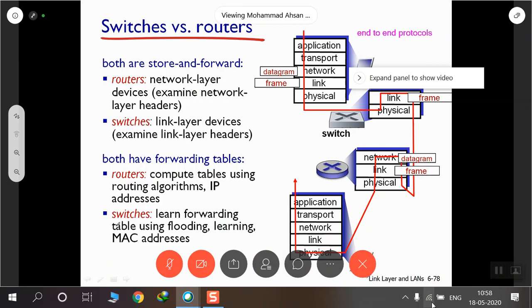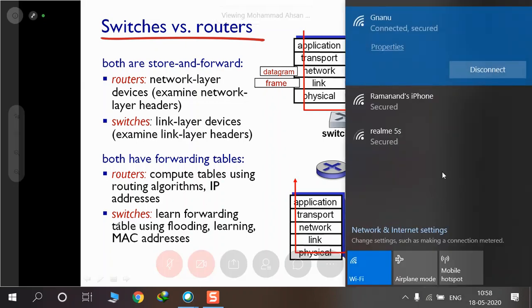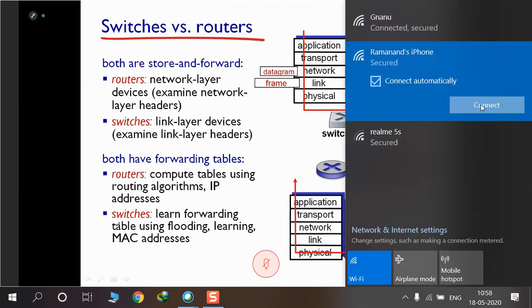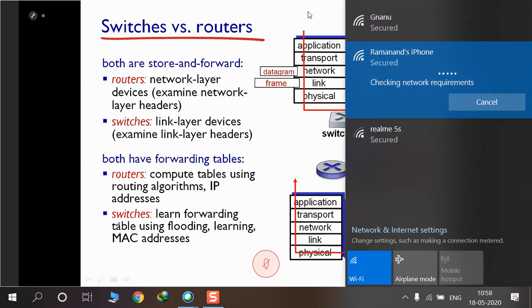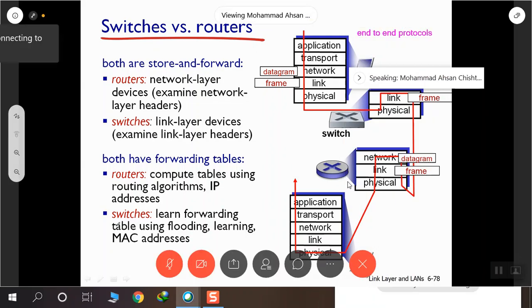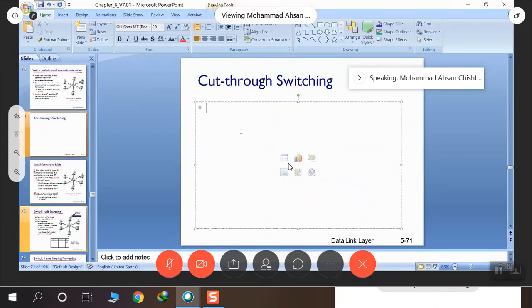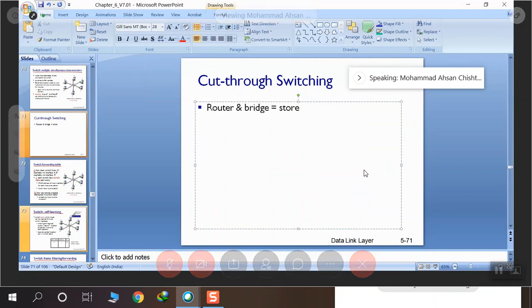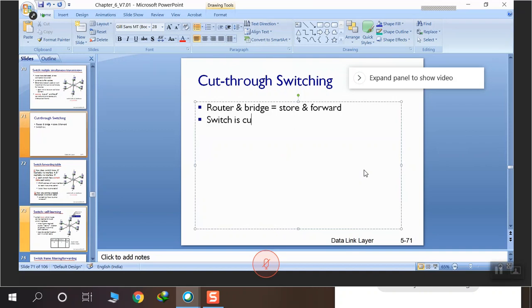Let's try to understand what cut-through switching is. As compared to routers and bridges, which have store and forward, a switch is cut-through.